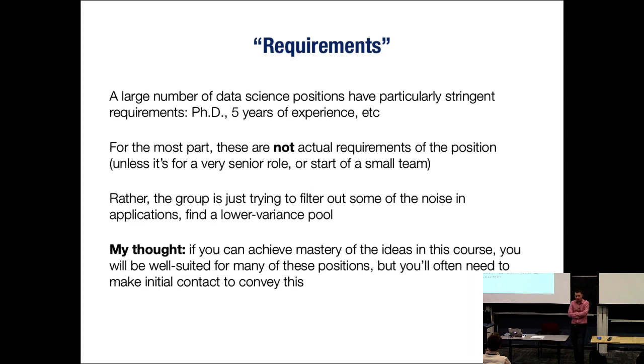They don't know what they want, probably, more than anything. And they also know these are a set of skills that is, frankly, in high demand. It's not very common yet. And so they are trying to find a smaller pool of people where the variance within that pool is going to be lower, right? That's all they're trying to do when they say PhD required.